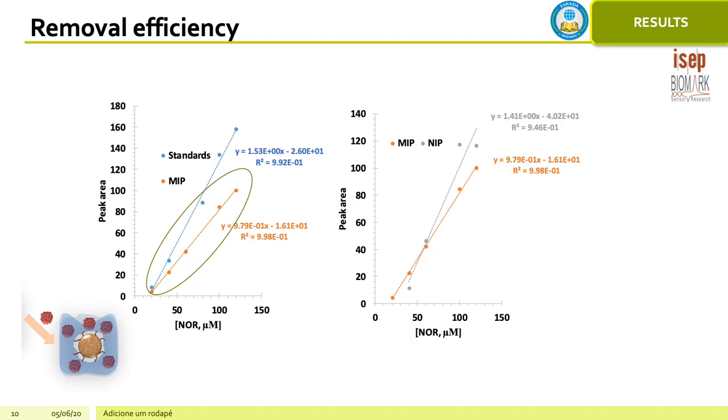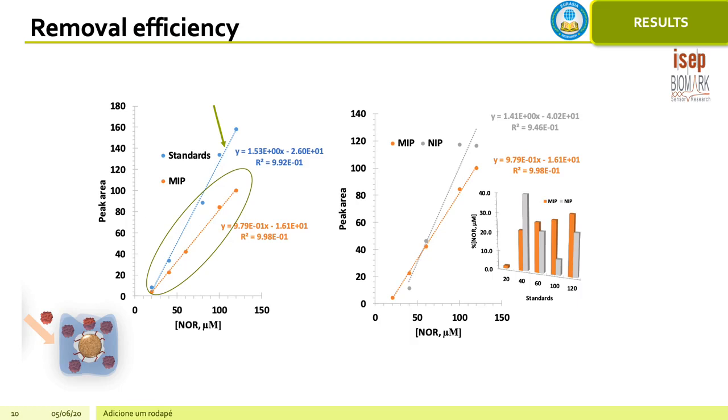These results were also compared not only with the standard solution, as you can see, with no adsorption materials, but also with the non-imprinted polymer. Overall, the results indicate that cork MIP had good adsorption performance.